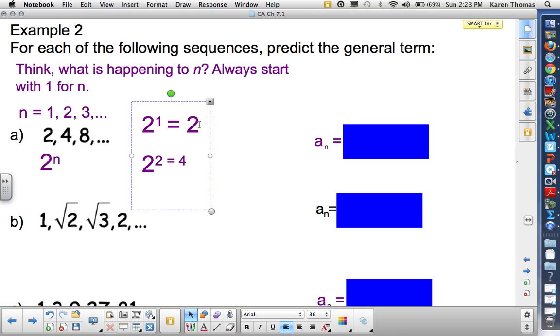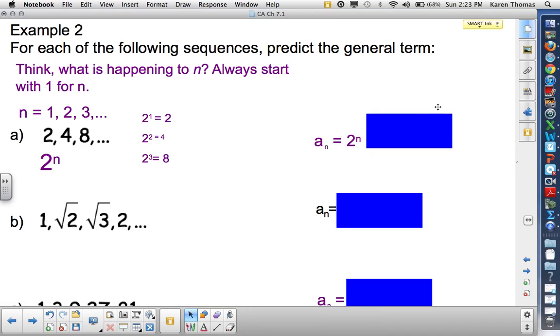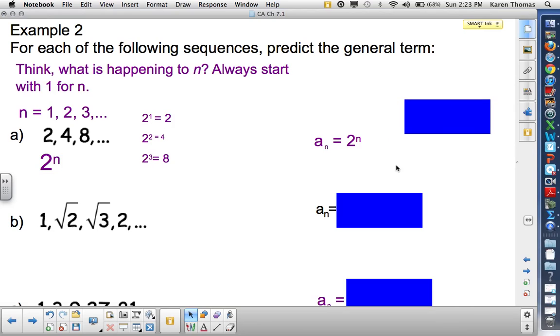That works for the second one. 2 to the third power equals 8. Okay, so that worked for all of them, didn't it? So I'm going to go ahead and say my general term for this is 2 to the n.